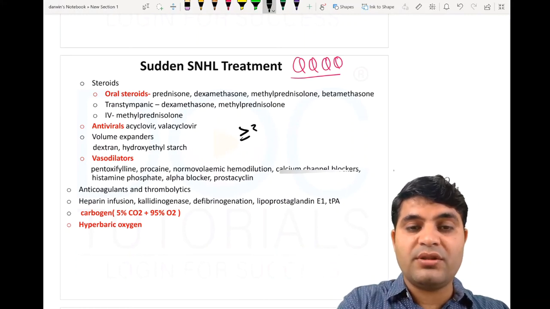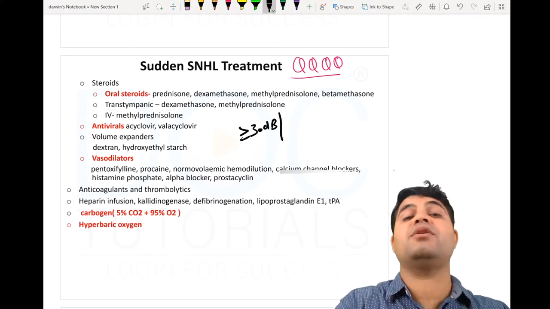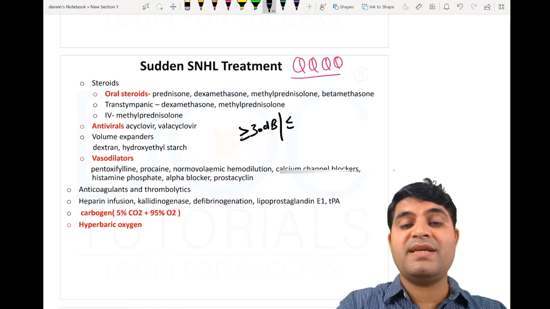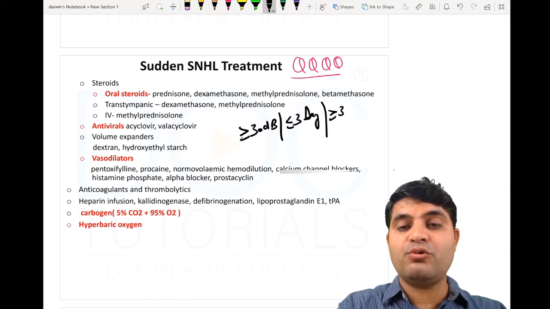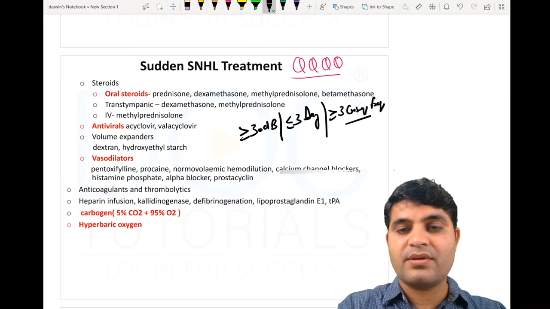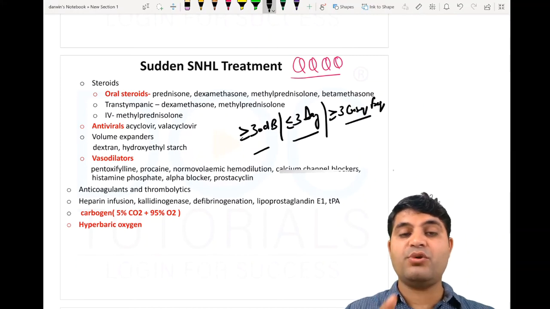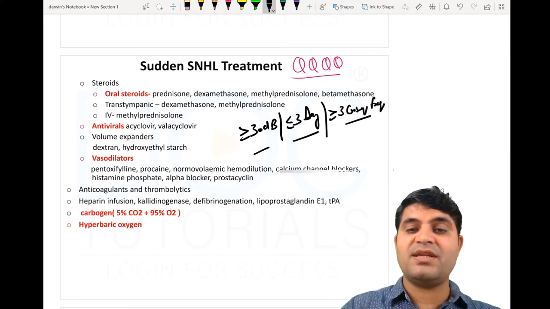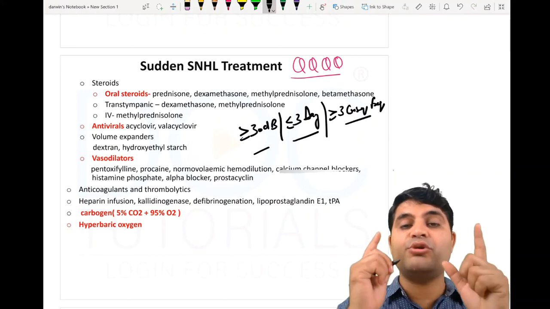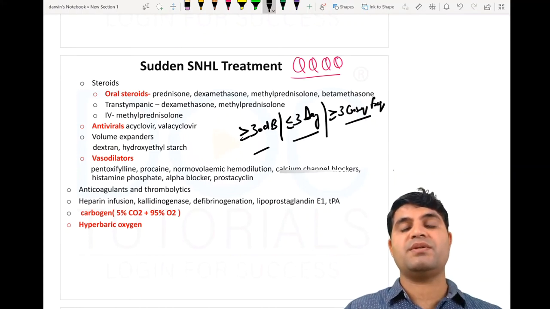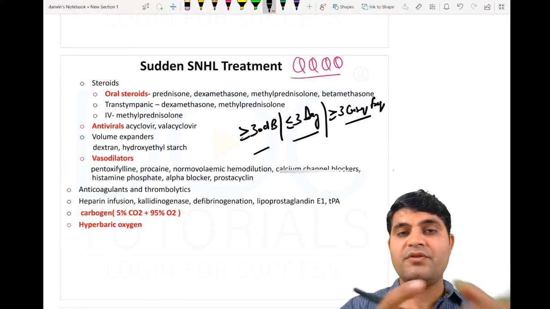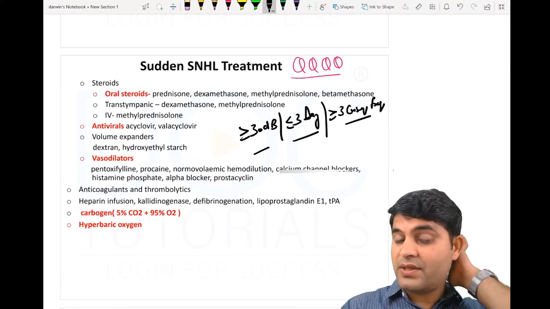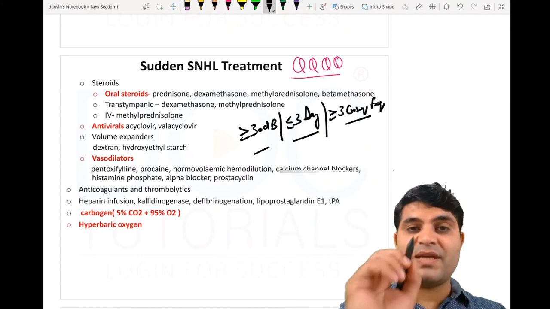Definition is more than or equal to 30 decibel hearing loss, in less than or equal to 3 days, in more than or equal to 3 consecutive frequencies. Clear? I repeat, 30 decibel hearing loss, 3 days, 3 consecutive frequencies. 250 hertz, 500 hertz, so like this. So this is sudden sensorineural hearing loss.